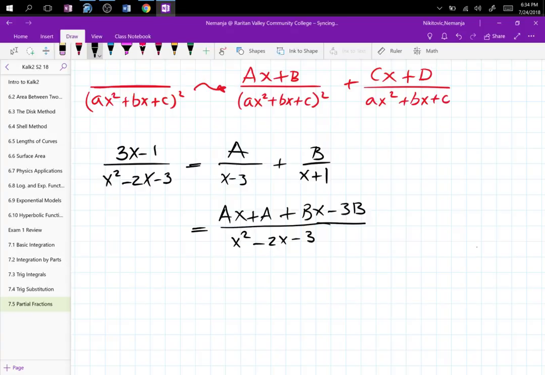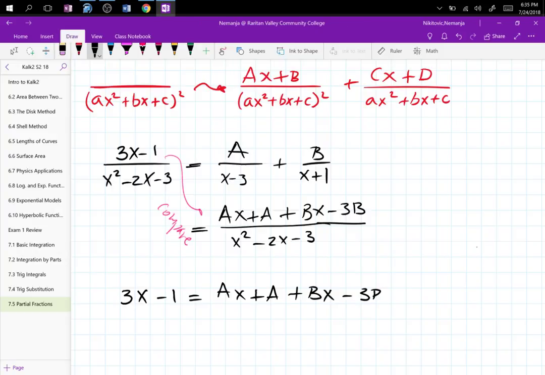And now I compare. So I have 3x minus 1 is equal to Ax plus A plus Bx minus 3B.